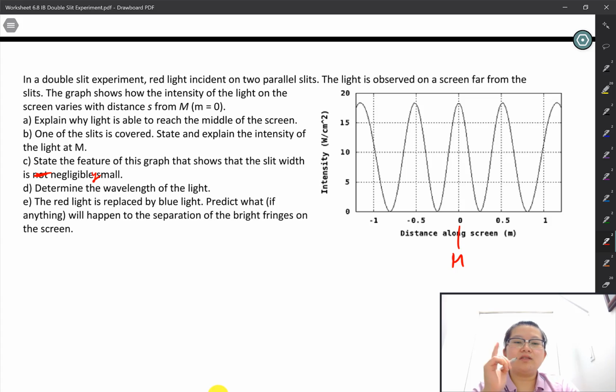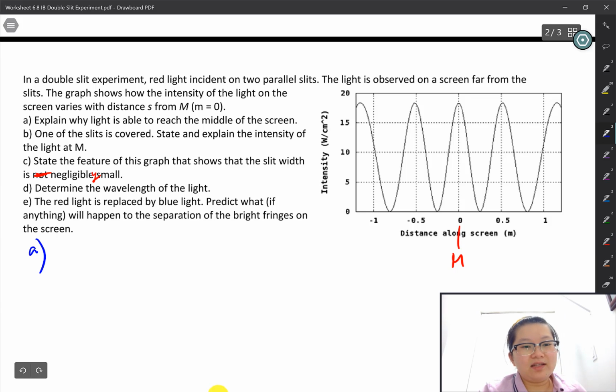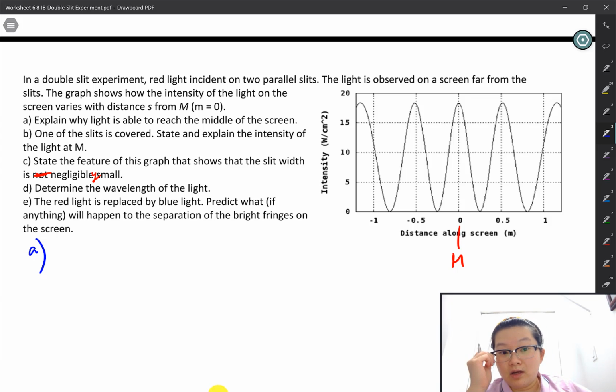Okay, so we're going to start off this question first of all with A. Explain why light is able to reach the middle of the screen. So I'm just going to explain to you verbally, and then I'll jot down the key things. So when light hits 2 slits, whether they're small or not, as the light passes through one slit, because it's very narrow, when the beam of light hits the slit, the little opening, it's going to start to diffract.